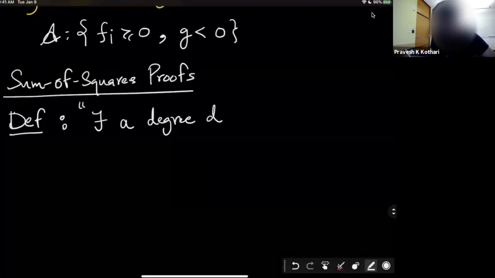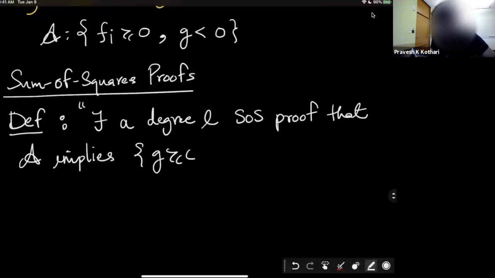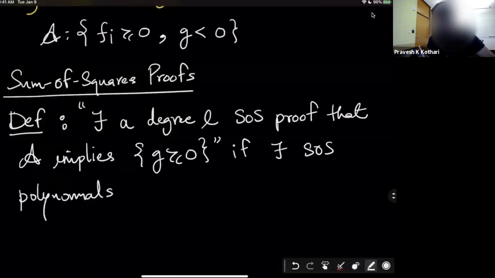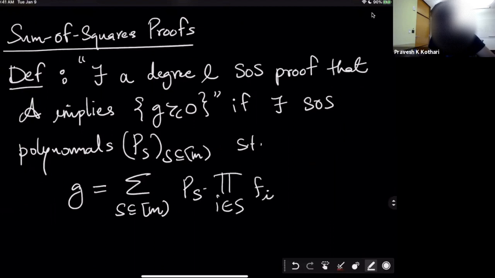There is a degree L sum of squares proof that A implies G bigger than or equal to 0, if there exist SoS polynomials P sub S for S subset of M, such that G can be written as the sum of P sub S times the product over the multiset S of polynomials Fi.